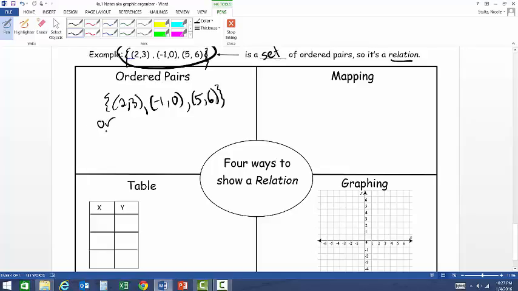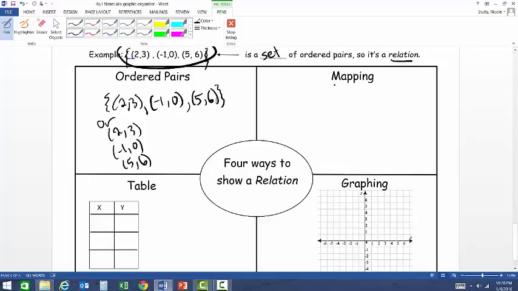Another way you can list these is you can just write them going down, just like that. So that's one way to show a relation.